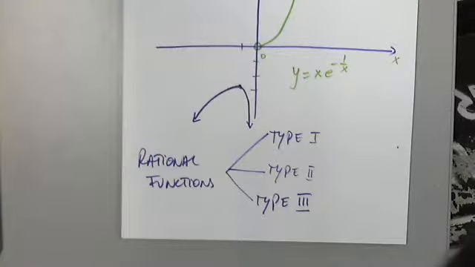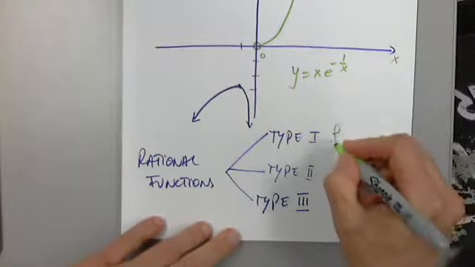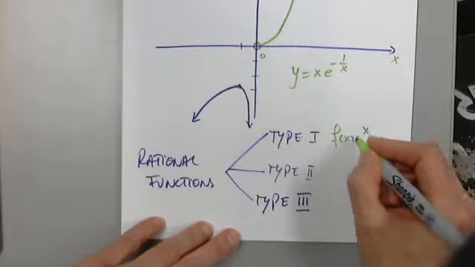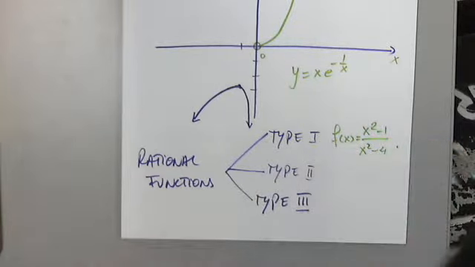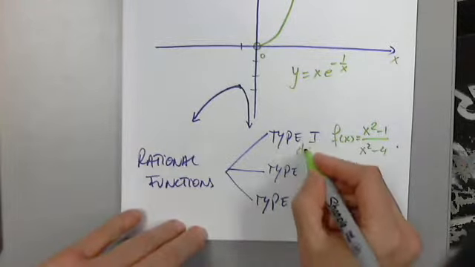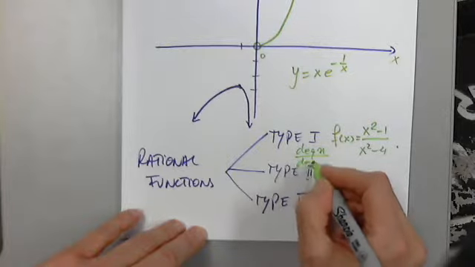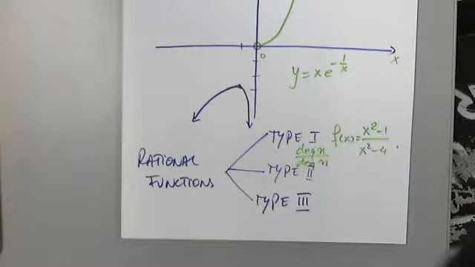Okay, so what is type 1? An example of type 1 will be y equals x squared minus 1 over x squared minus 4. What does this mean? Same degree over same degree. This is type 1, degree n over degree n.